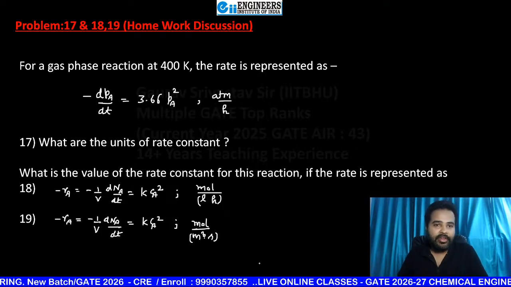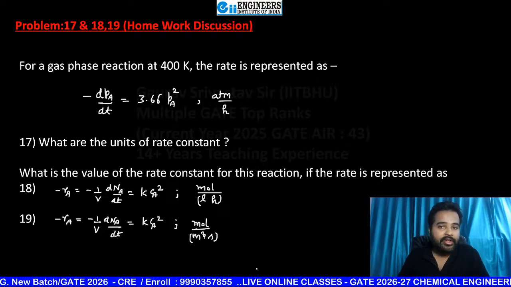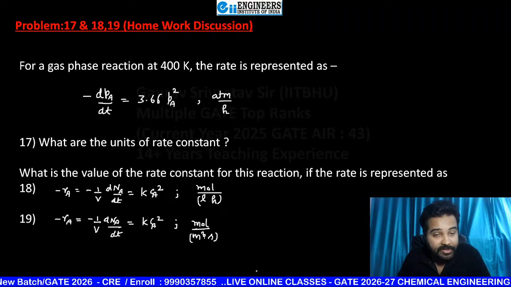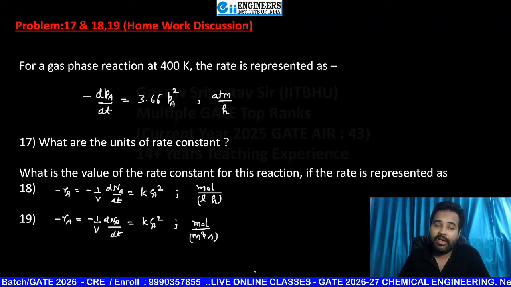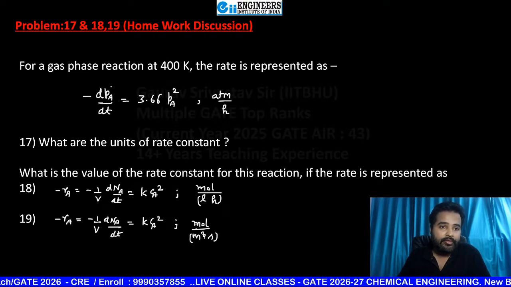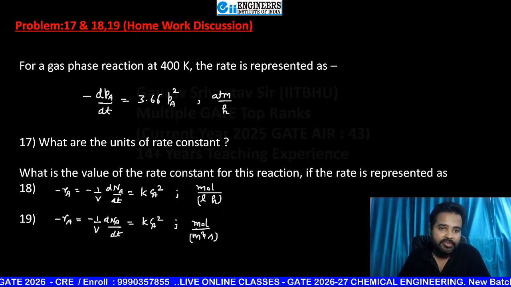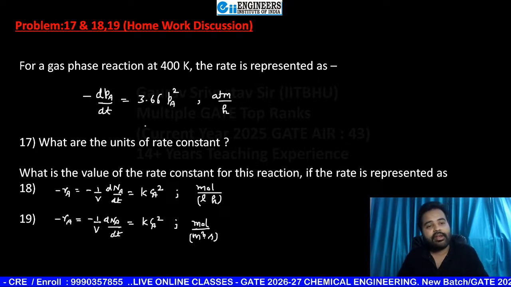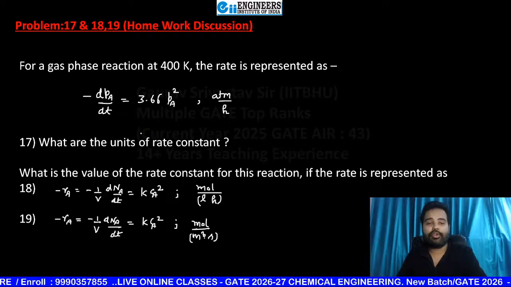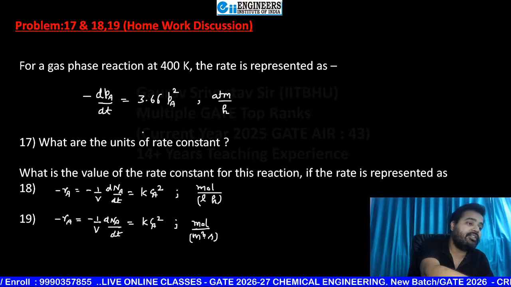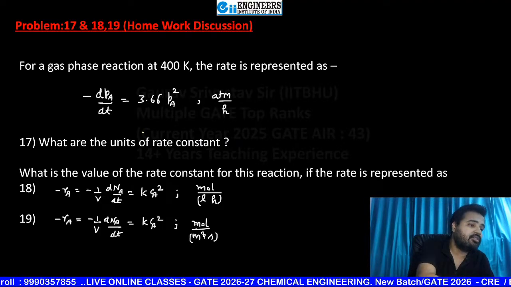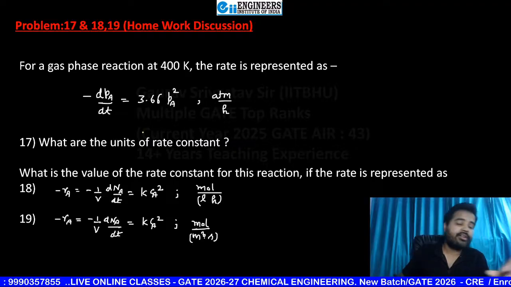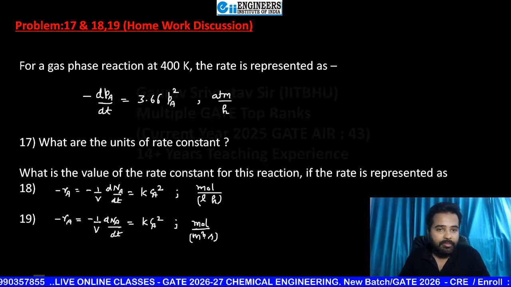For a gas phase reaction at 400 Kelvin, the rate is represented as minus dPa by dt is equal to 3.66 Pa square, and the unit of this rate of reaction is atm per hour. This is partial pressure upon time, so pressure upon time. Here it is asked what the unit of the rate constant is. If not done, please write the unit of rate constant and then compare with my unit.